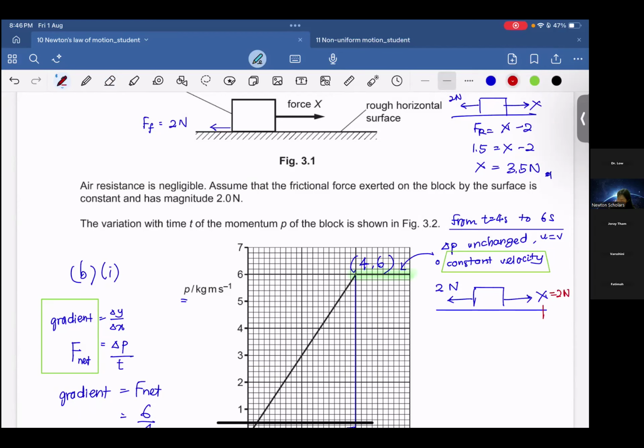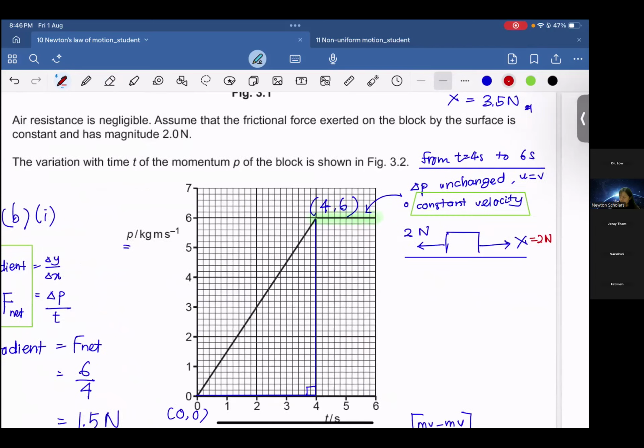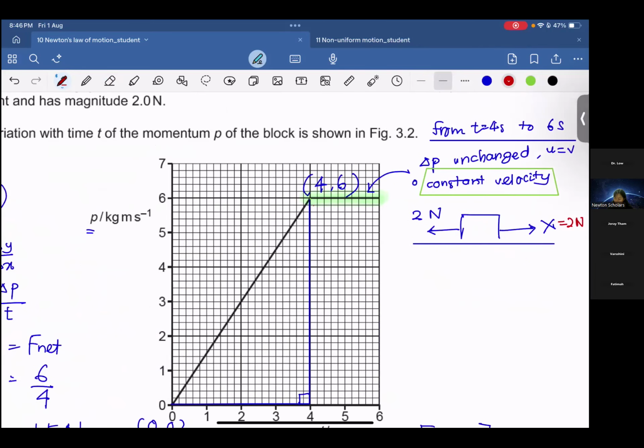Okay. So I repeat, you have to digest and think. Here momentum does not change. It remains the same momentum. Momentum is mv minus mu. If there are no changes, because no gradient, this one is 0, meaning that mv minus mu is also 0.